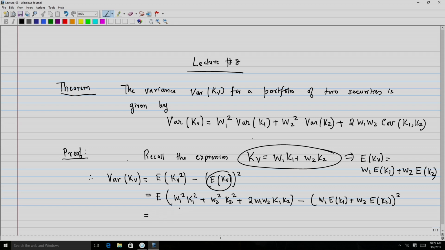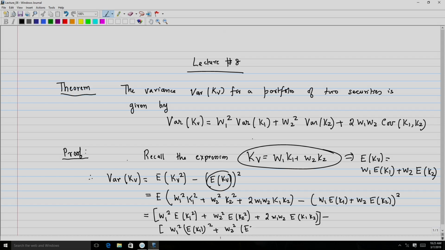We make use of the linearity property now. This term E of W1 square K1 square can be written using linearity of expectation as W1 square into E of K1 square plus W2 square into E of K2 square plus twice W1 W2 into E of K1 K2, minus the second expression, which will be W1 square into E of K1 square plus W2 square E of K2 square.